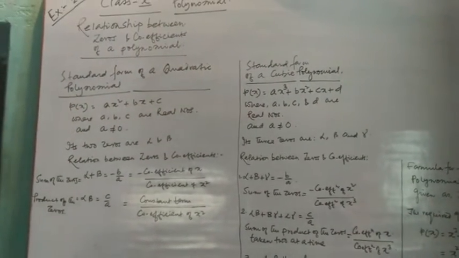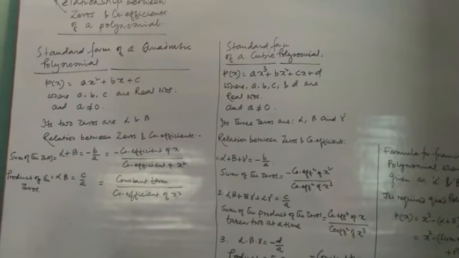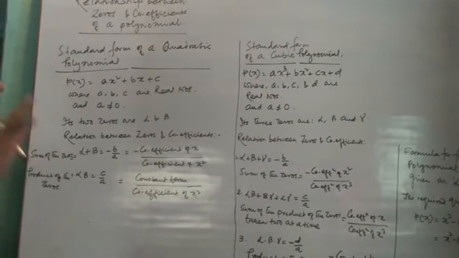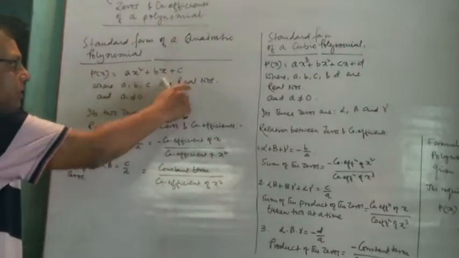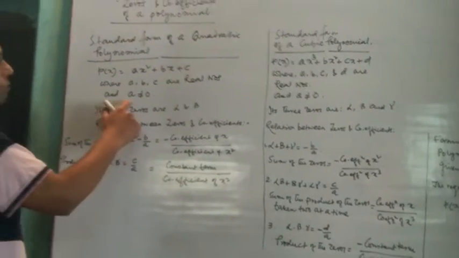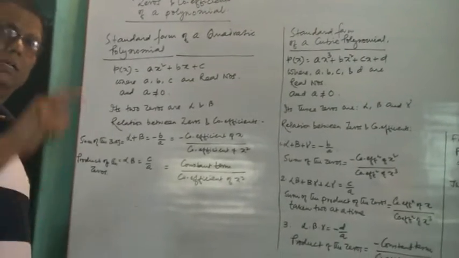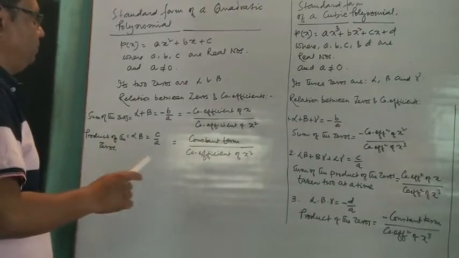If anyone asks you what a quadratic polynomial is, your answer will be: a polynomial in the form of ax² + bx + c, where a, b, c are real numbers and a is not equal to 0, is called a polynomial of degree 2 or a quadratic polynomial.